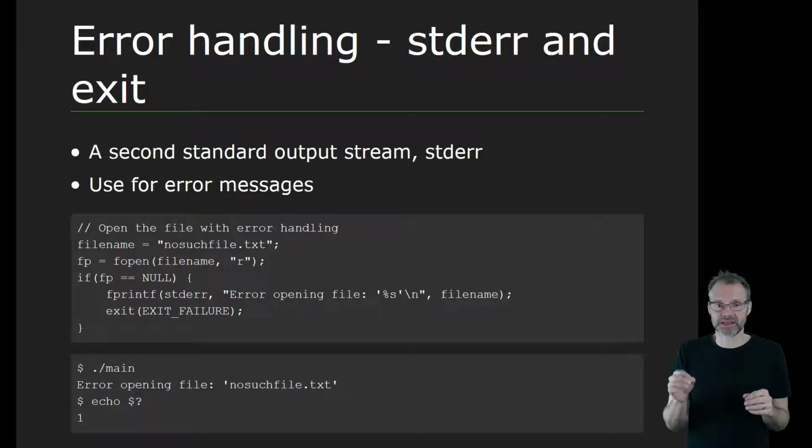It's good to give some details also. Then we're going to do an exit here also. So exit is to exit from the program, and I'm going to do an exit with a failure status here. When we run a program, the EXIT_SUCCESS constant that we usually use is a constant that has the value of 0.